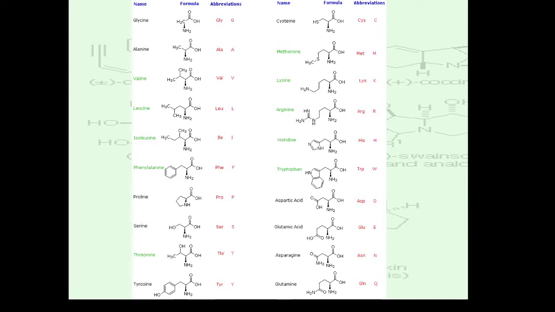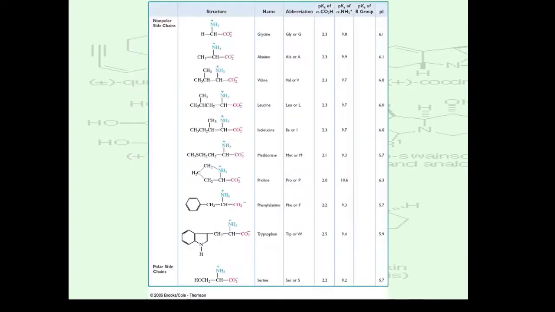You should know these, especially those of you who are going on to take biochem as your next course. They're going to have you memorize these, so you could be ahead of the game if you learn these now. Again, I don't waste your time having you memorize things that aren't going to be needed further down the line.